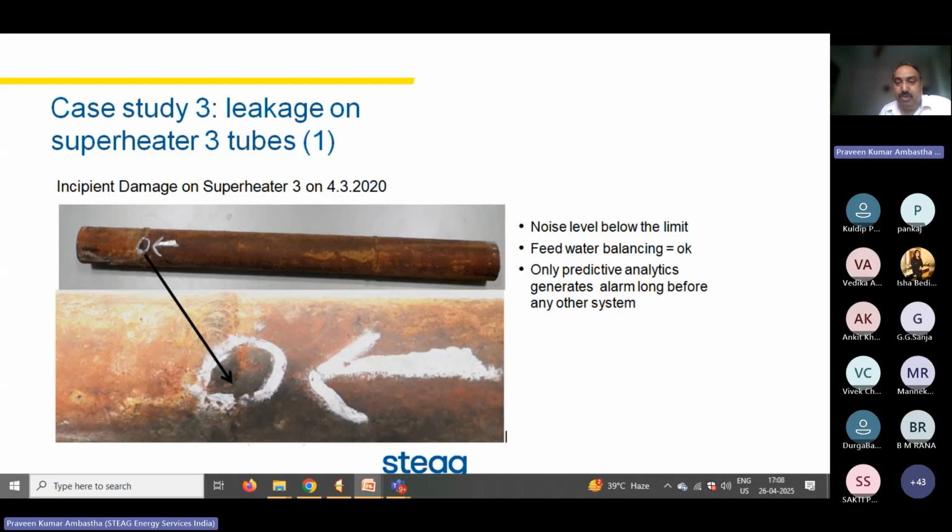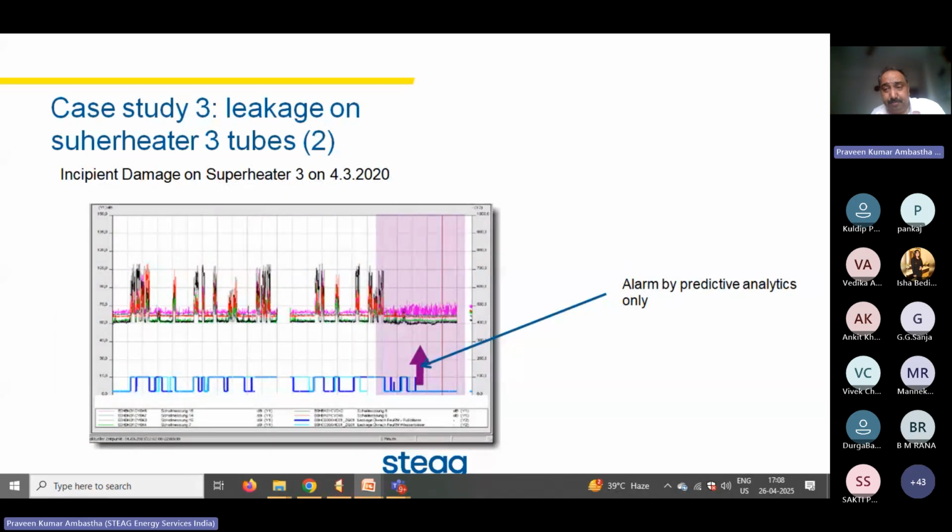So we can see that in this case, where our noise level was also below the limit and the feed water balancing was okay, the predictive analysis found the fault because the leakage was very small. Of course, we can catch the fault from the difference when it becomes a very big fault and the leakage increases to the maximum.